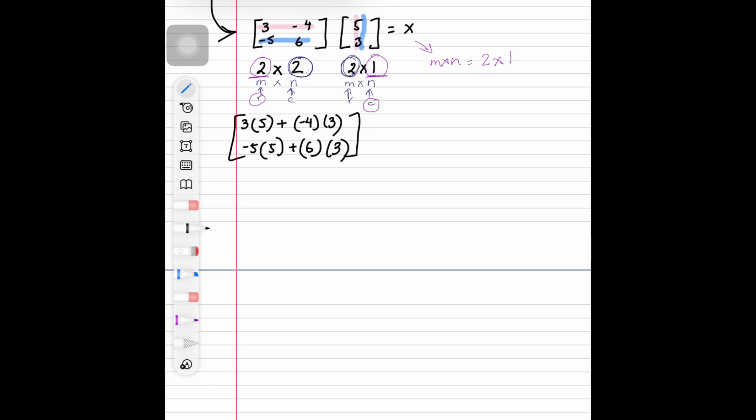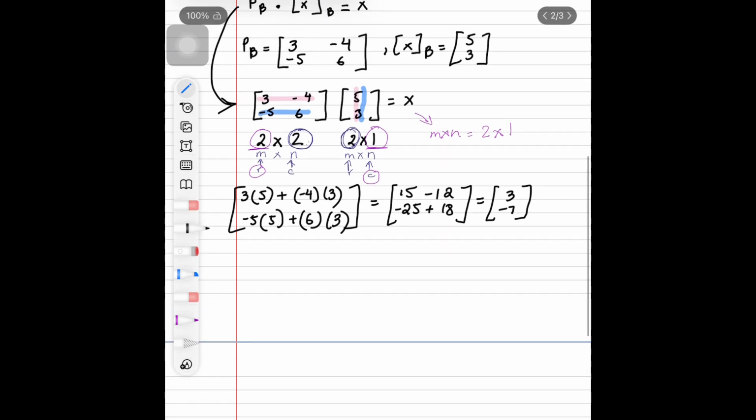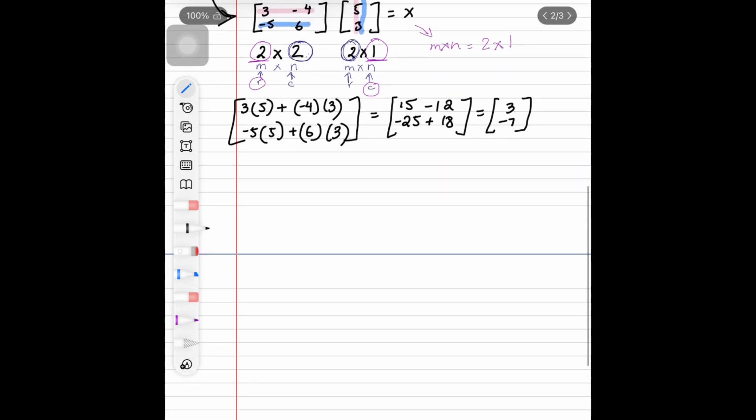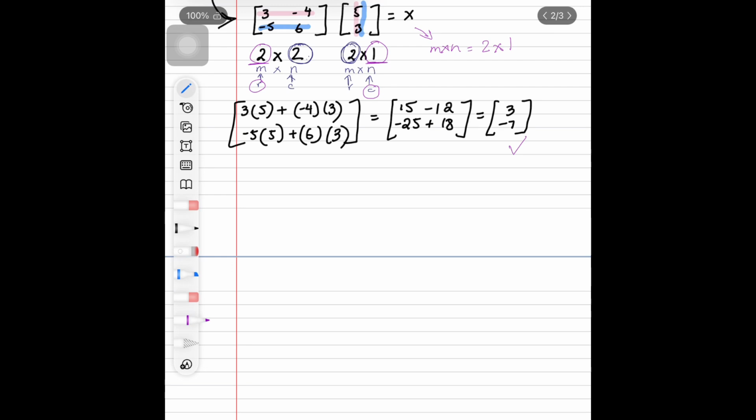The answer is 15 minus 12, and then -25 plus 6 3's are 18. Then we get the answer 3, -7. Yes, the answer is correct as per the book.